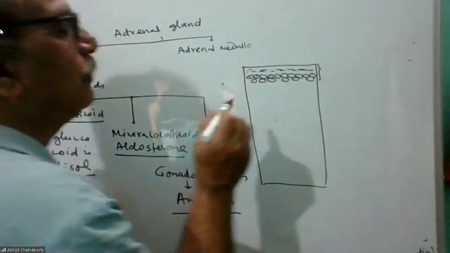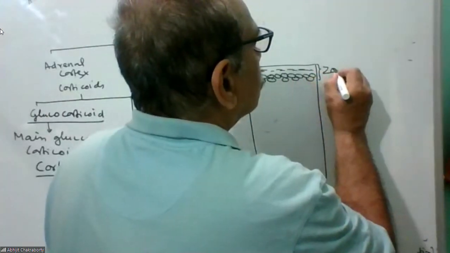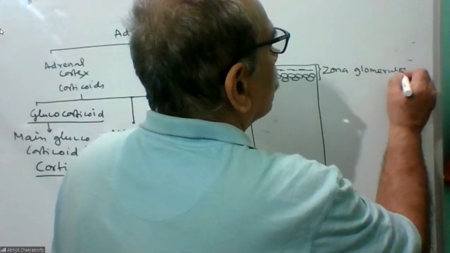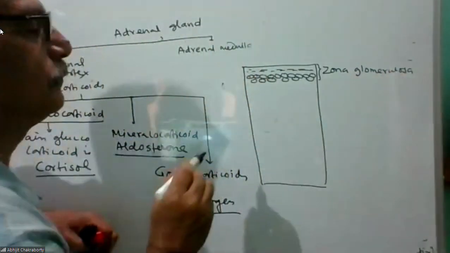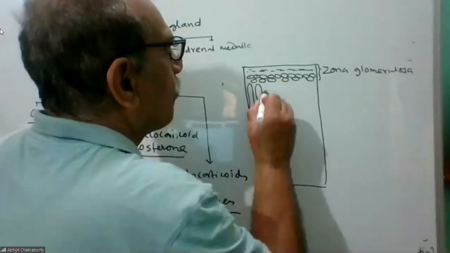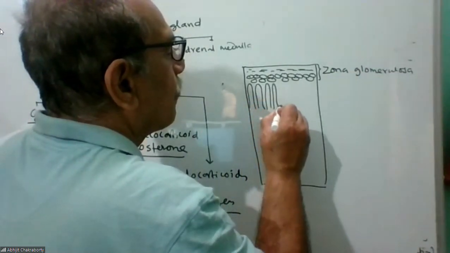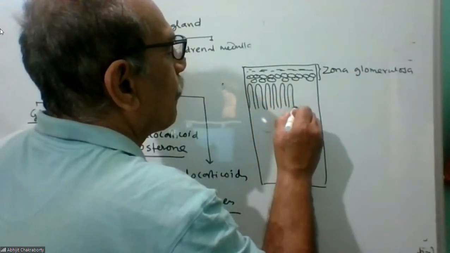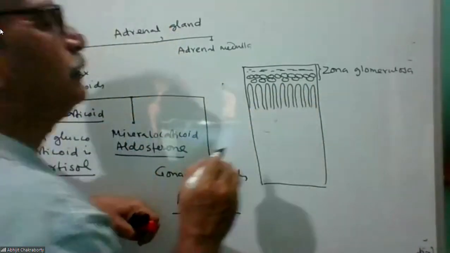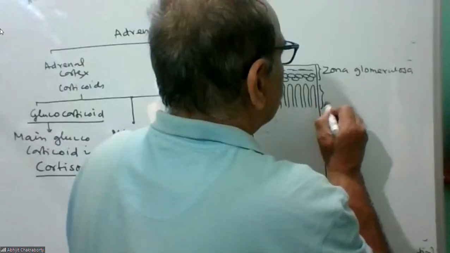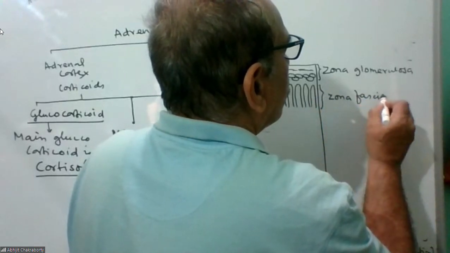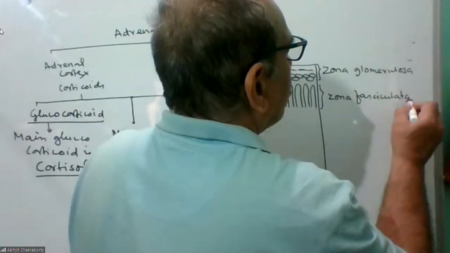This part is called zona glomerulosa. This part is called zona fasciculata.